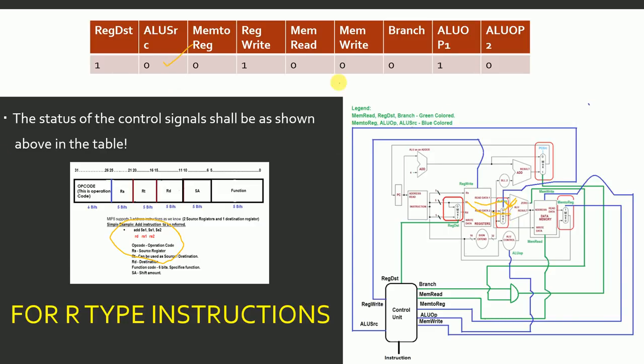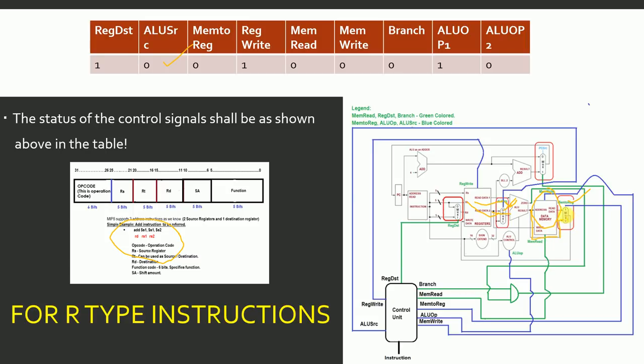Now comes mem to reg. Mem to reg is the one that is in the last part of the diagram. So what will happen? Do we use this section at all? No, I am not at all using this section because my result is available right here after the ALU has computed the addition. So I take the result from here, I go here, I go via this way.